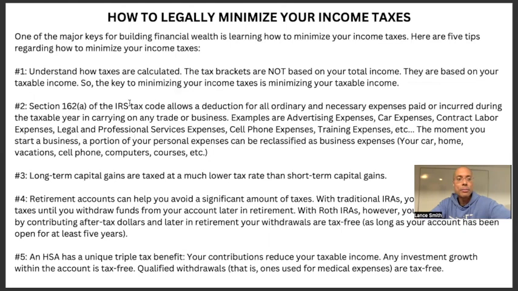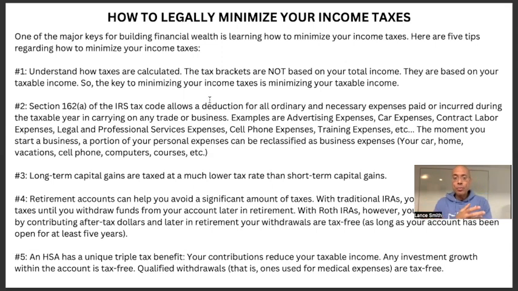But okay, number two is this. Section 162(a) of the IRS tax code allows a deduction for all ordinary and necessary expenses paid or incurred during the taxable year in carrying on any trade or business. This is why I'm always encouraging people to have at least one side hustle.